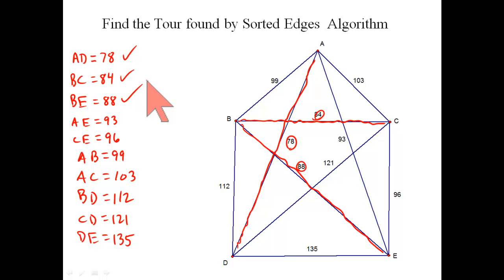So far so good. AE, 93. That's here. And that doesn't complete a circuit, if you look carefully, and doesn't put more than 2 edges into any given vertex. So yeah, we can use AE.